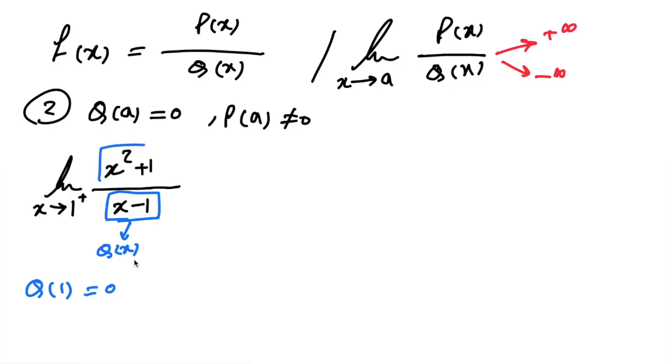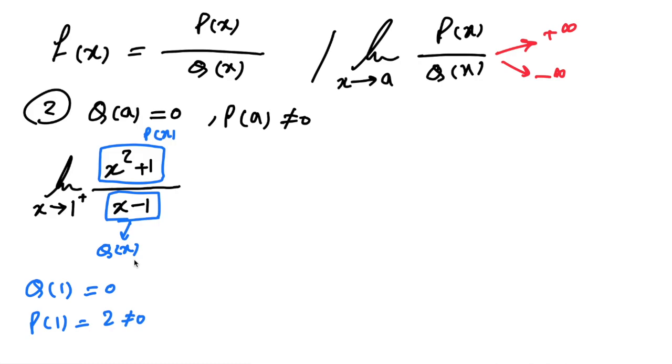What is p(x)? P(x) is x squared plus 1, so p(a), which is p of 1, is obviously 2, non-zero. So denominator is 0, numerator is non-zero. So the limit, we know it's positive infinity or negative infinity, but which one? Now we're going to talk about it.